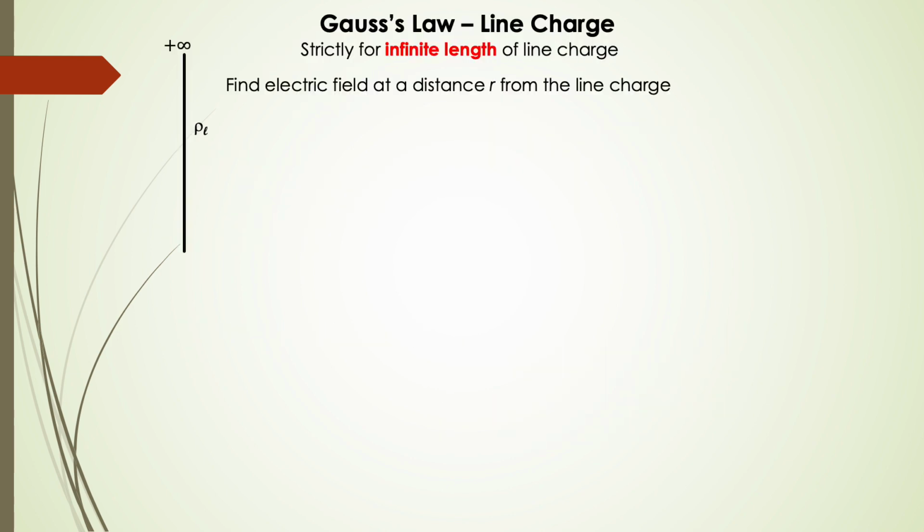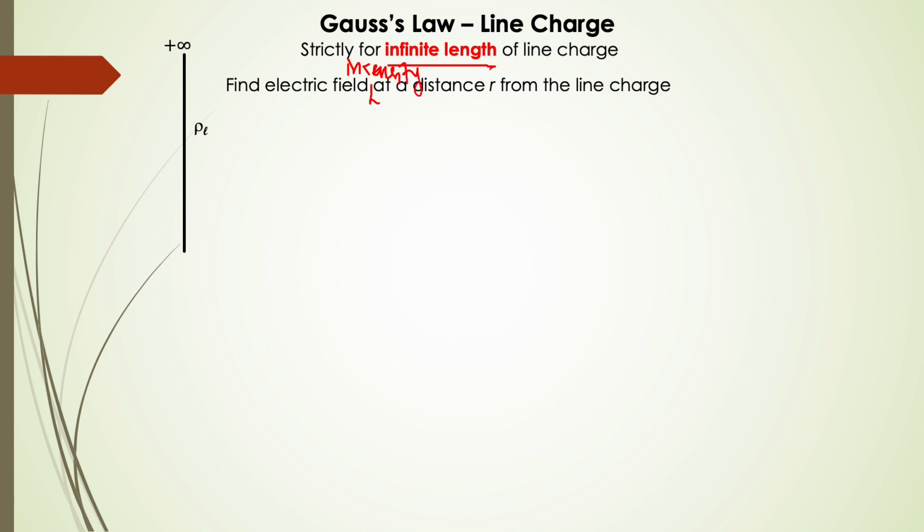Okay, now let's look at the first example of Gauss's law. We have a line charge, and you have to remember that the line charge must be of infinite length, and we need to find the electric field intensity at a distance r from the line charge.